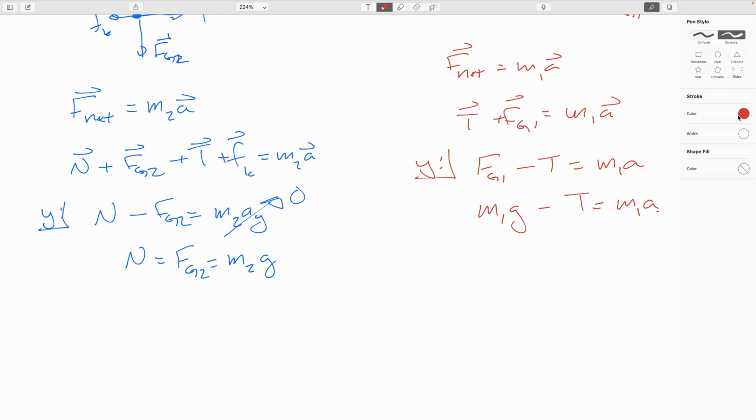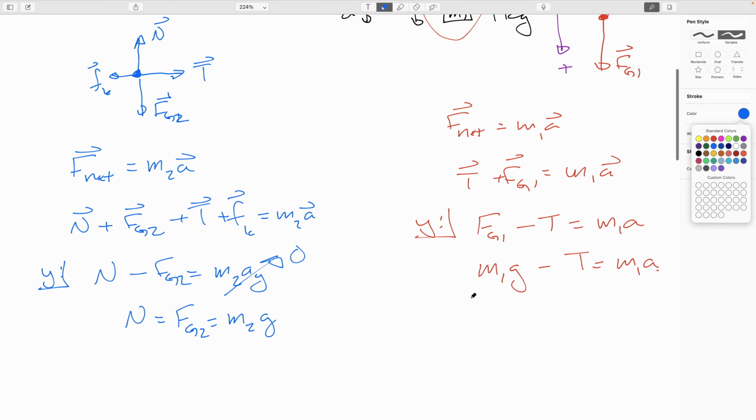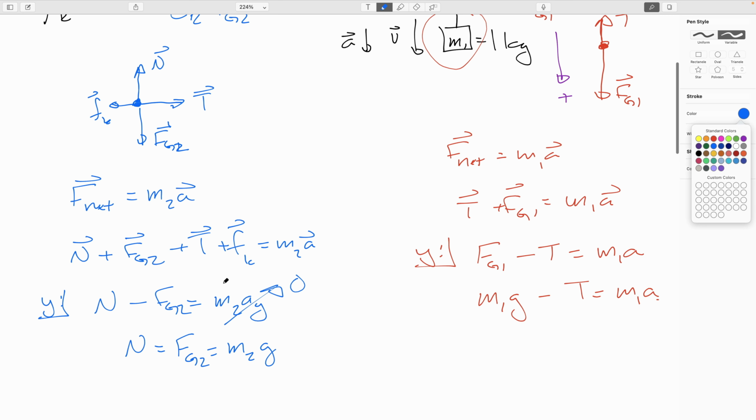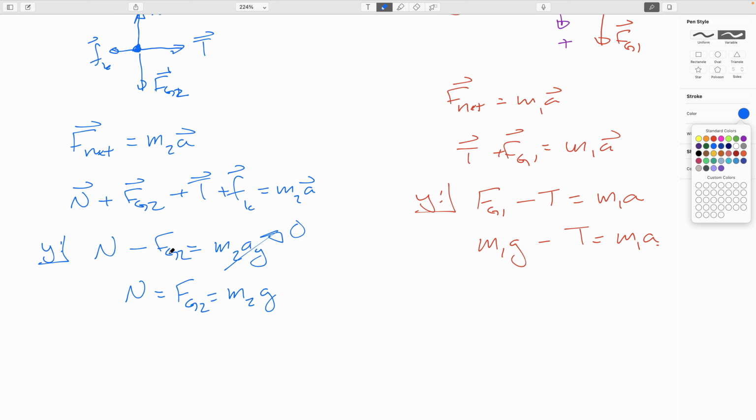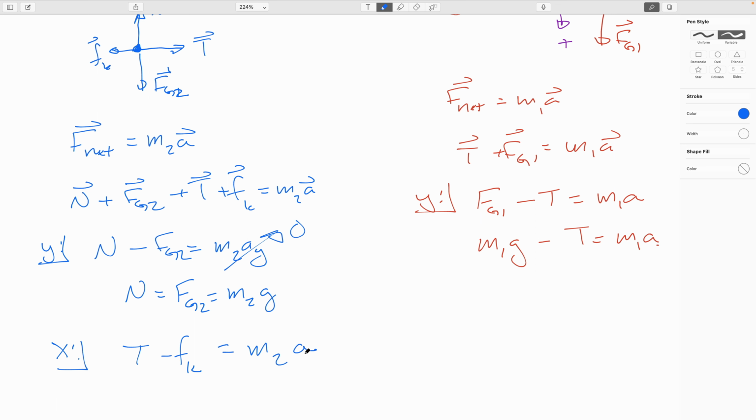Well, I haven't looked at the land of X in the blue system yet, so let's go ahead and do that. Land of X in the blue system, we've got the tension pointing to the right, kinetic friction pointing to the left. So, all right, T minus Fk, T positive because we're going to the right, Fk negative because we're going purely to the left, equals M2A. All right.